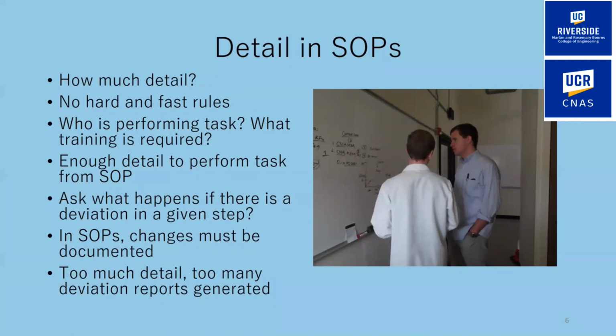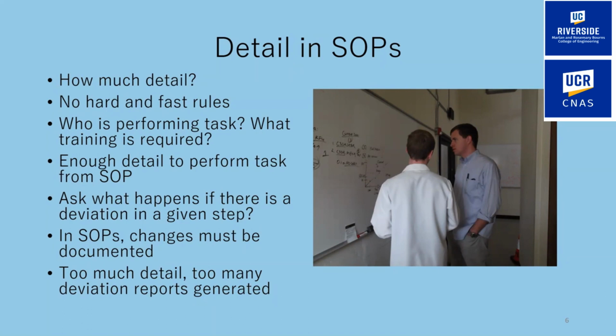And so you want to make it so that a person with that training could perform the task just from the standard operating procedure itself. You should also ask yourself, what would happen if there is a deviation on a particular step of the standard operating procedure? Because if you deviate from the SOP, you have to document that change.